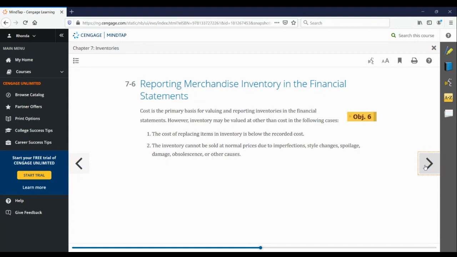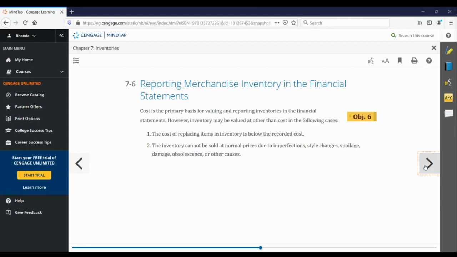You might also want to use the lower of cost or market method when the inventory can't be sold at normal prices due to imperfections, or maybe you're in an industry where you're selling clothing and the style changes, and so you're going to have to mark down those items of inventory just to get them to sell.